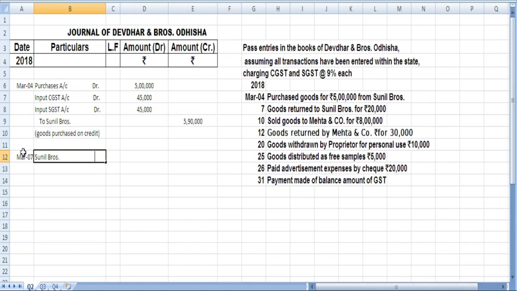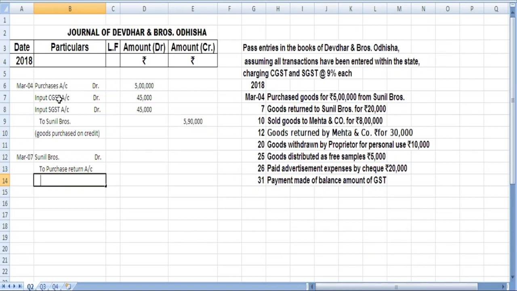So Sunil Brothers becomes the receiver, we will debit. Now there is a purchase return or return outward, so we will write purchase return account. Whenever there is a purchase, it is expense, so it is debit. Whenever there is a purchase return, we are getting back the money, it is income, so it will be credited.